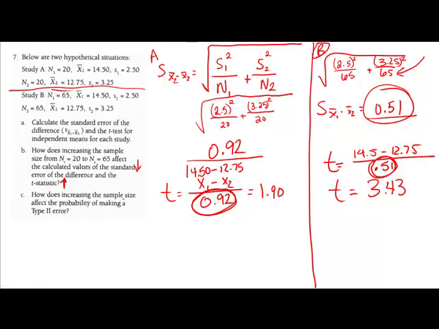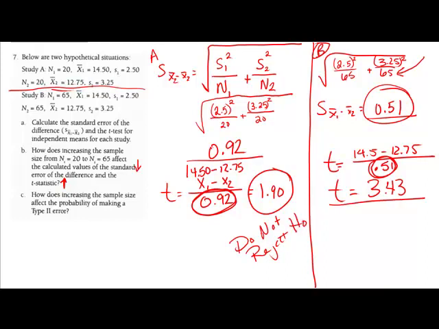How does increasing the sample size affect the probability of making a type 2 error? Type 2 error is when we say that there's no effect when there really is. This is an example of type 2 error. This is a pretty small t. When you have a small number of observations, you are likely to not reject the null hypothesis.